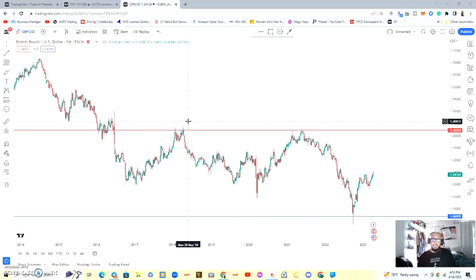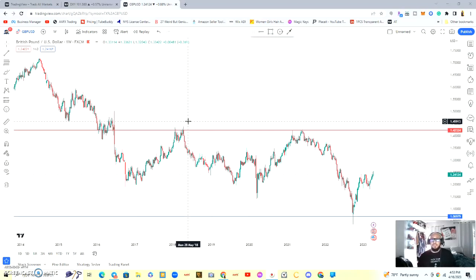Today I'm going to be identifying support and resistance. We're looking at GbpUsd right now. So we're going to start with the weekly time frame, and we're going to mark down all the support and resistance so that we can see where price may be going to, or where it may be coming back to.